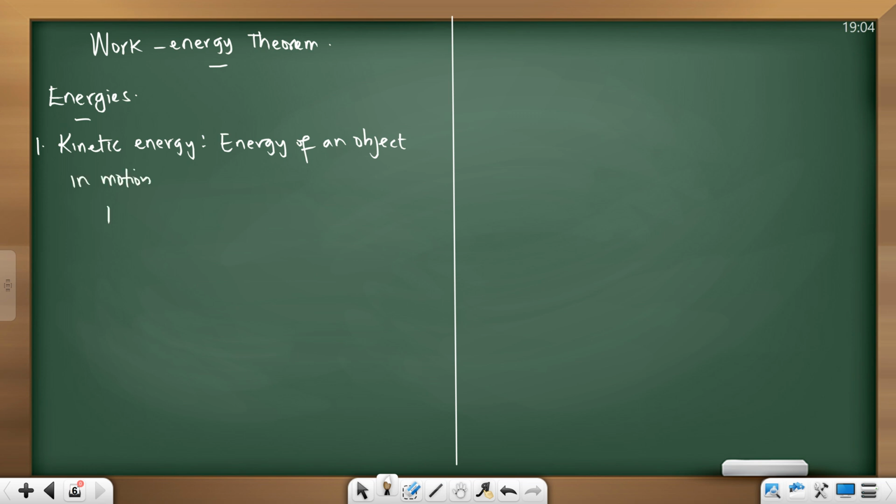Do we remember the formula? EK equals half mv squared. What is m? Mass. What is v? Speed. Energy is a scalar quantity, so if I say velocity, velocity is a vector quantity. So half mv squared. In momentum, we substitute direction because momentum is a vector quantity.